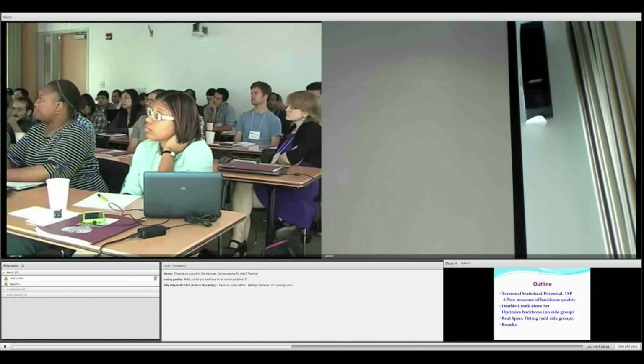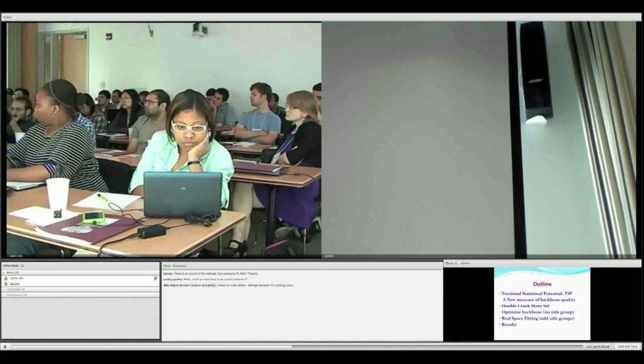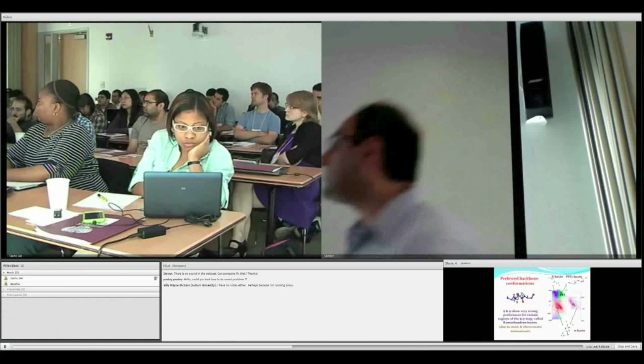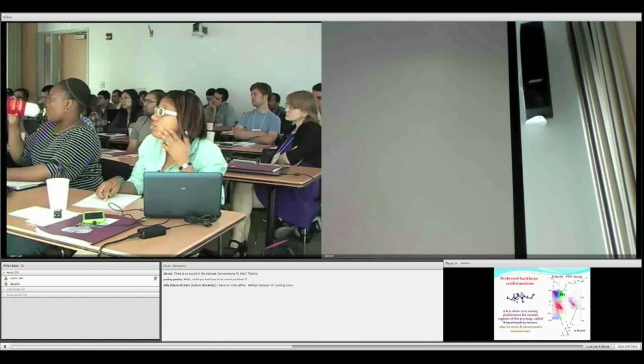In order to come up with this methodology, we define a torsional and statistical potential, which is a new measure of the backbone quality. All of you are familiar with the Rama maps. This is an improvement to the existing Rama map that I will explain in a minute.